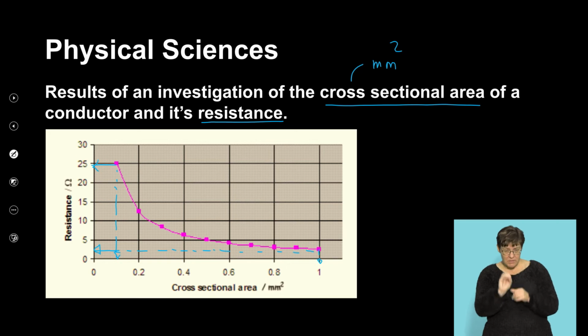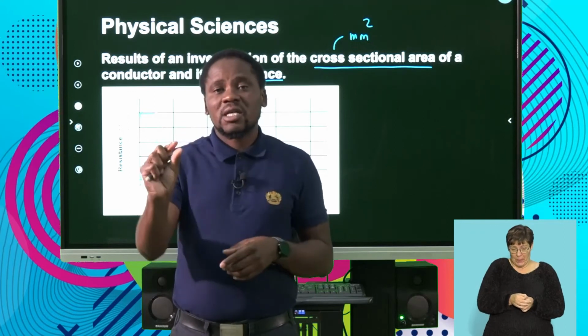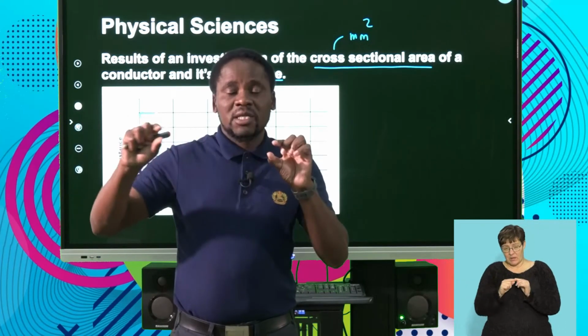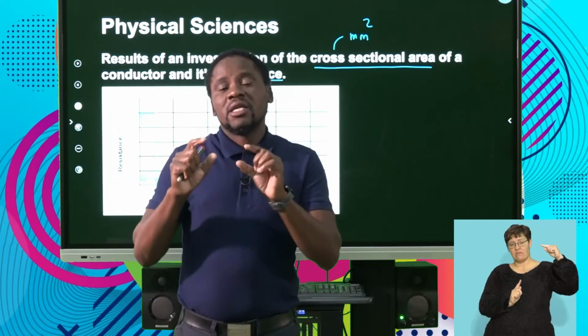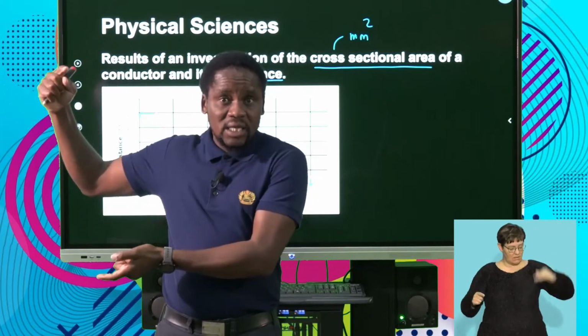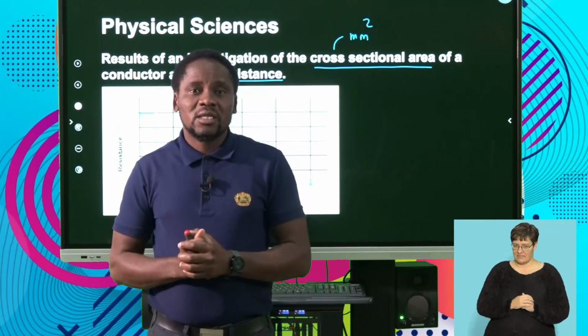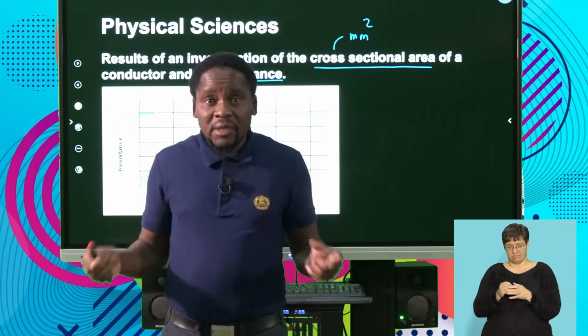The trend or pattern that we get from the data is that when there is a smaller cross-sectional area of a conductor, there is very high resistance. But at a greater cross-sectional area, there is lesser resistance. So the opposition to flow is affected by the diameter at the end of the day.